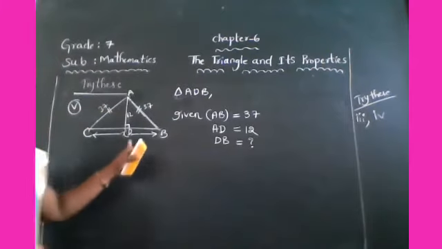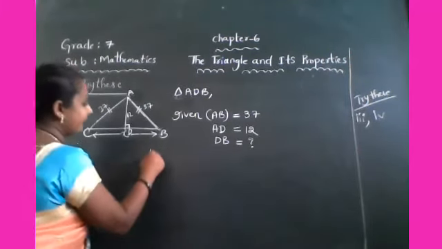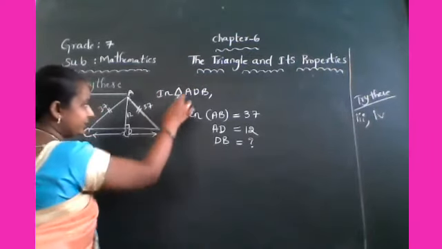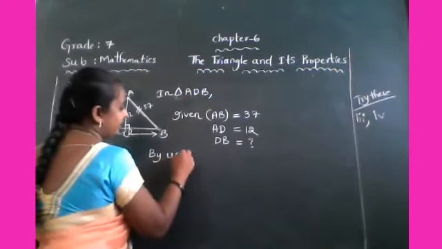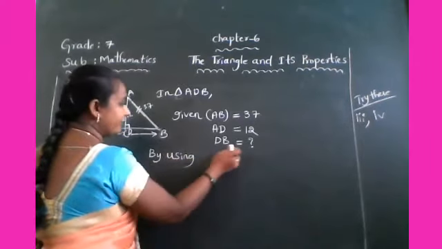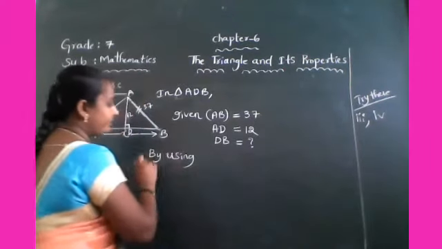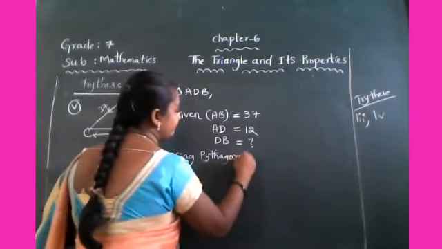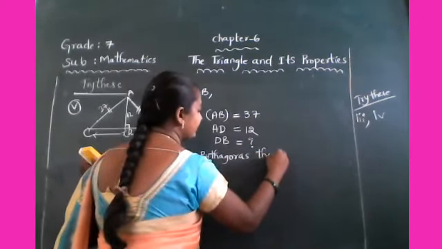Okay, right. By using Pythagoras, in triangle ADB, he has given the lengths. We can find the third side by using Pythagoras theorem.